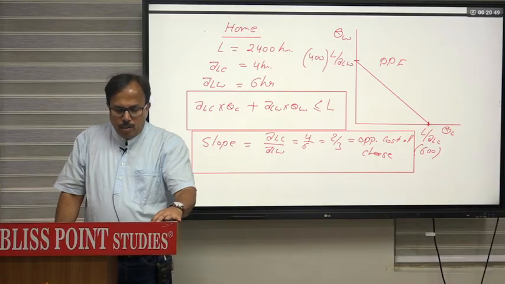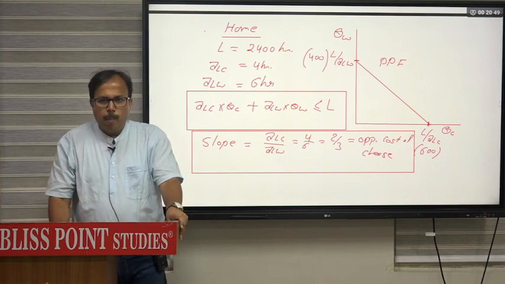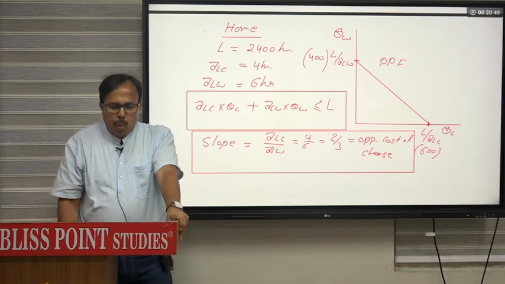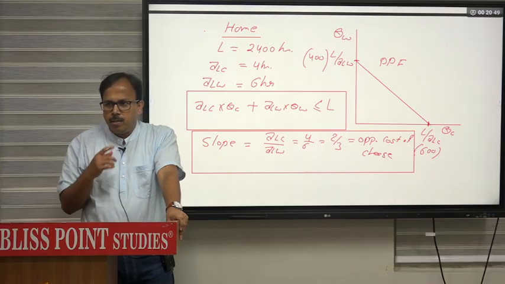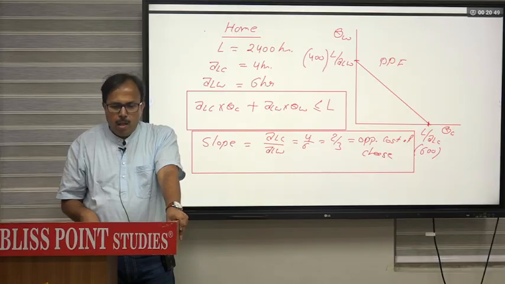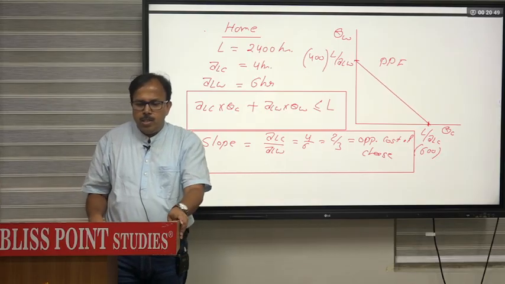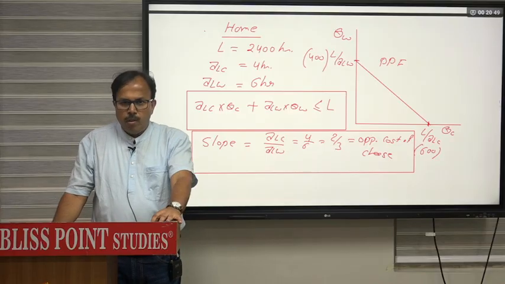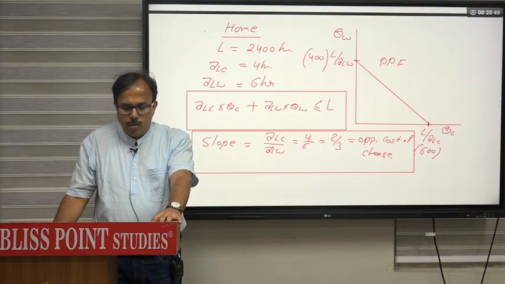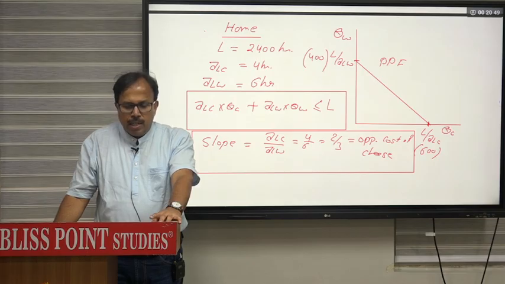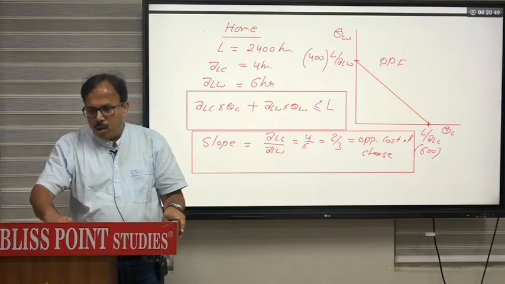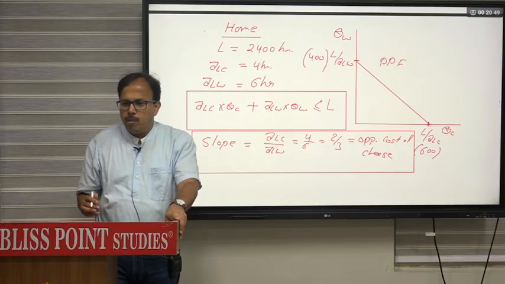Full stop. This approach in which international trade is arising due to difference in productivity of labor is known as a Ricardian model of international trade.